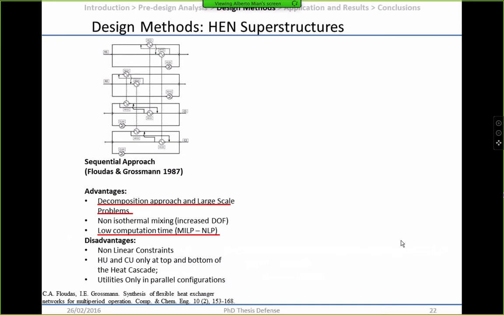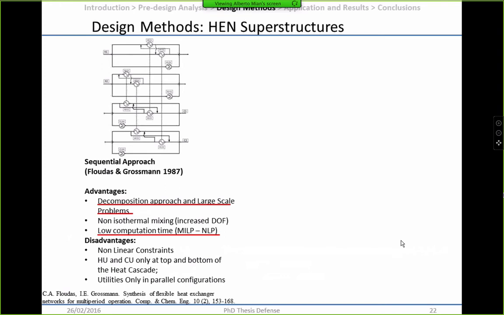The decomposition approach is called sequential because we have 3 steps. The decomposition allows us to treat large-scale problems, which was one of the goals of my thesis. We have non-isothermal mixing, which is basically the key point here. There is the possibility of deriving some mass flows and mixing them in order to save heat exchanger areas.